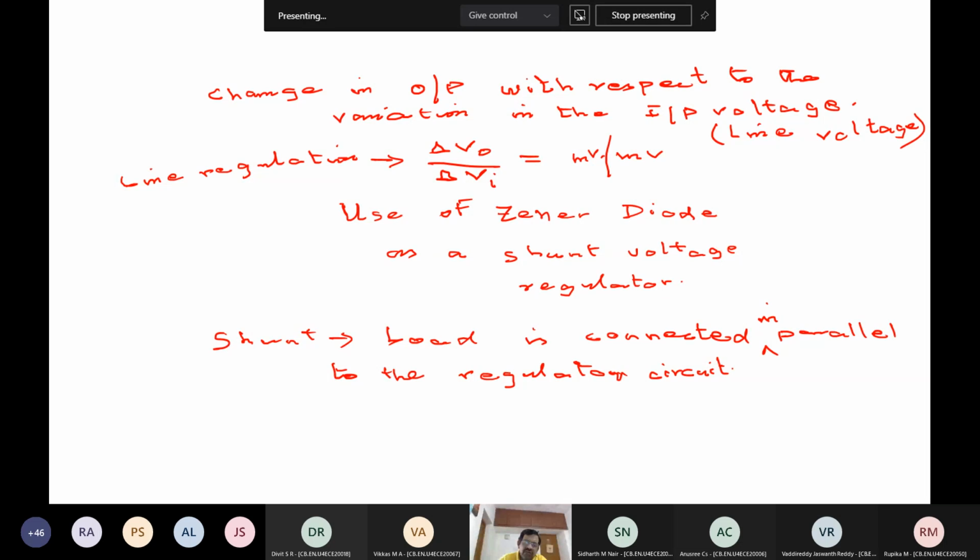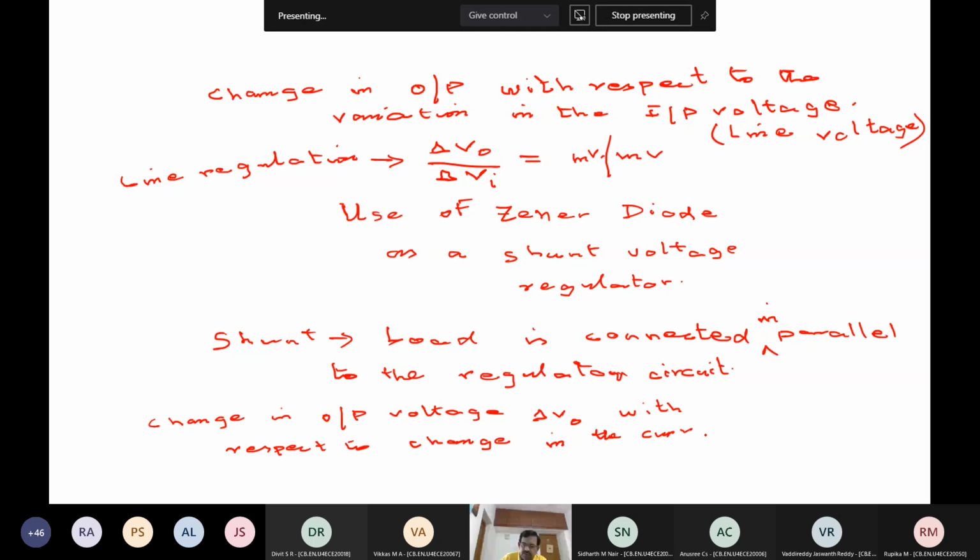The load could draw variable currents, in which case, how much is the change in output voltage, delta V naught, with respect to the change in the current drawn by the load?